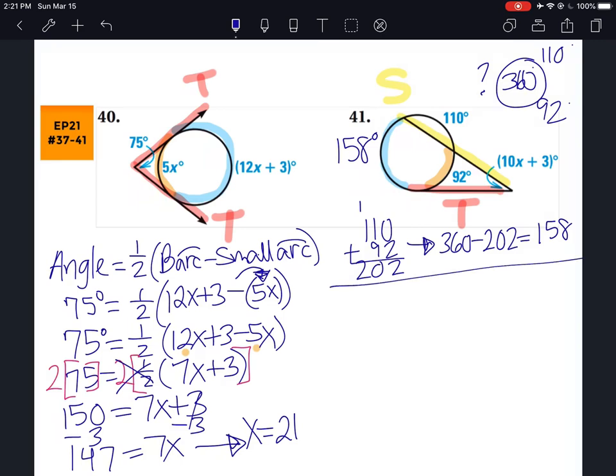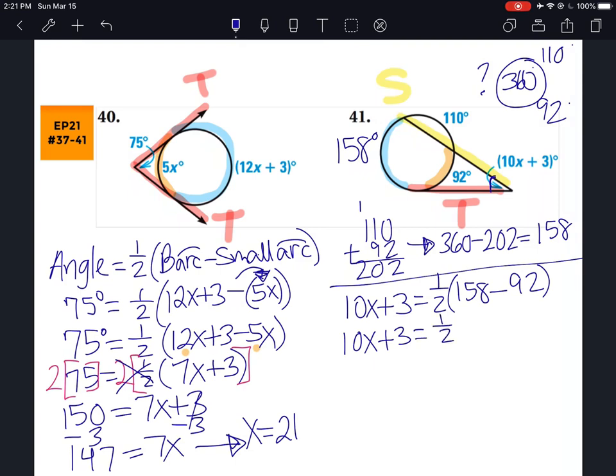Now that I have that, I am ready for the actual formula. The formula is the angle, which is 10x plus 3, see this angle right here, is equal to 1/2 the bigger arc, which is 158, minus the smaller arc. So 10x plus 3 is equal to 1/2.